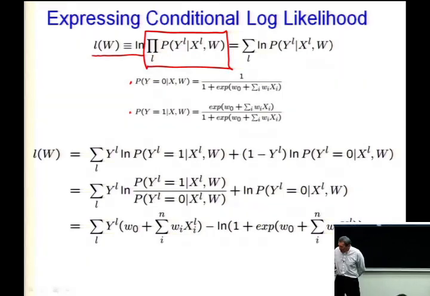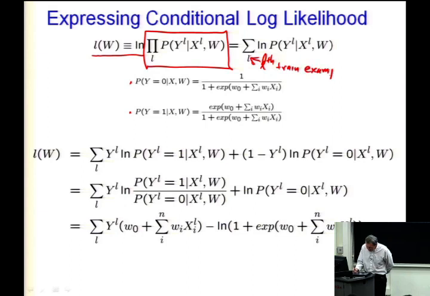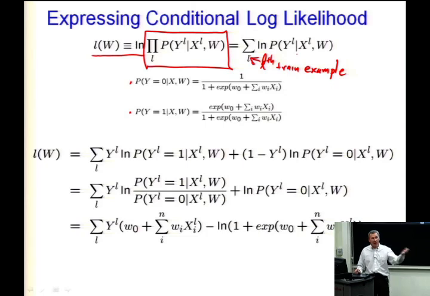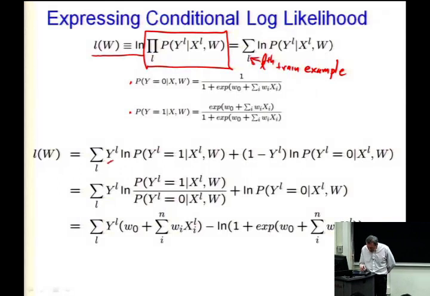And so if I just do substitutions here and multiply things out, let's look at this first expression because it's very straightforward. If I want the sum over all examples, this is the l-th training example, of its conditional likelihood, the probability of its observed Y given its observed X, and some W. Well, in the case where Y equals 1, that's going to be this quantity.